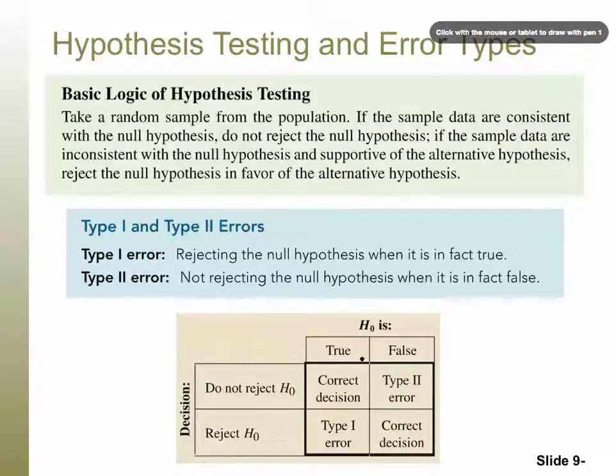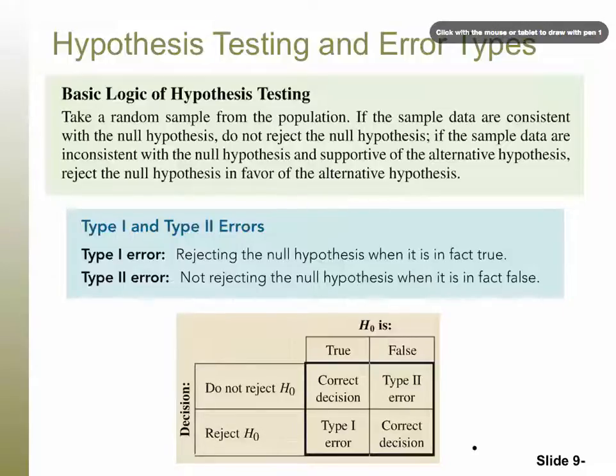But if the null hypothesis was true and we rejected, then we made a type 1 error. If the null hypothesis is false, but we did not reject because of the sample we got, we made a type 2 error. But if the null hypothesis is false and we rejected, then we made a correct decision. I think that's a helpful table.